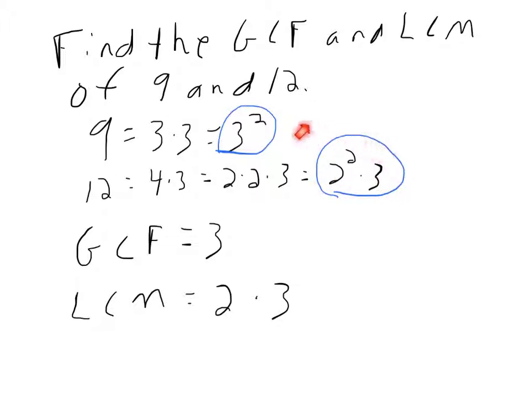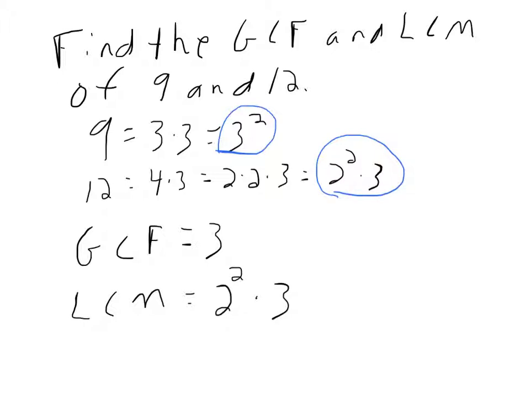Well, if we look at 2 first of all, we have two 2s here, we have no 2s here. And so you always want to pick out the bigger number of 2s in either location. We have zero 2s here, we have two here. Well, that means we want two 2s in the final answer.